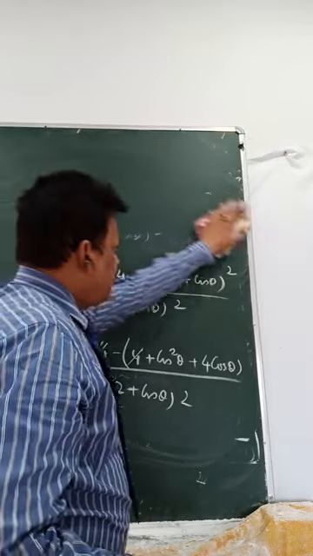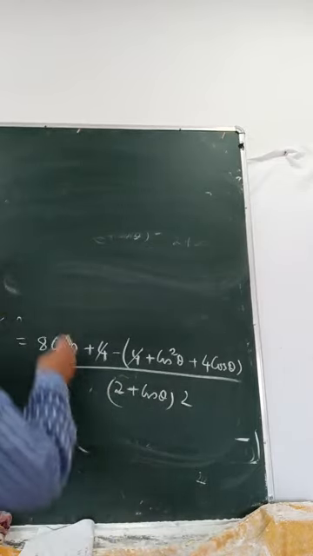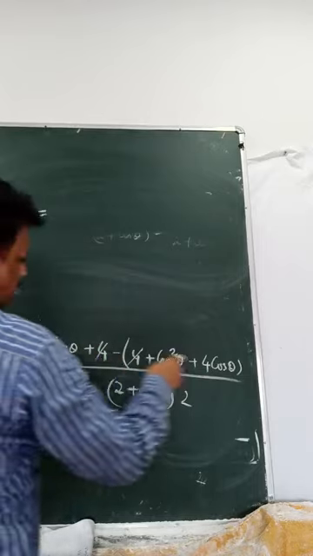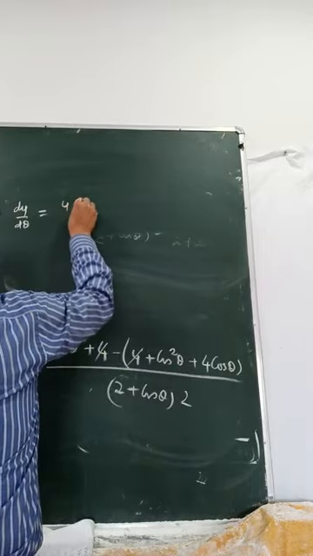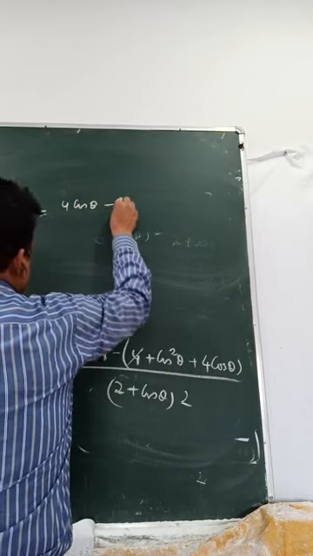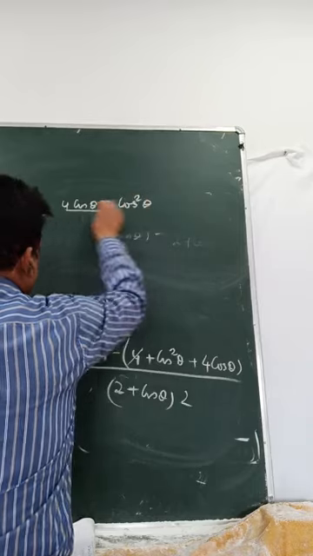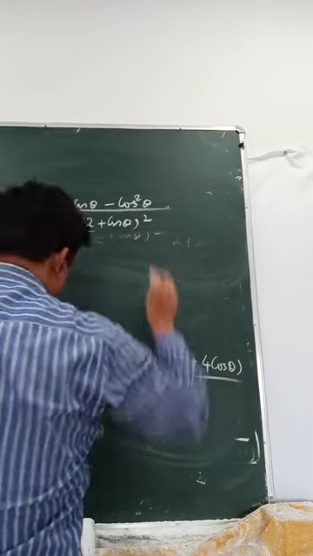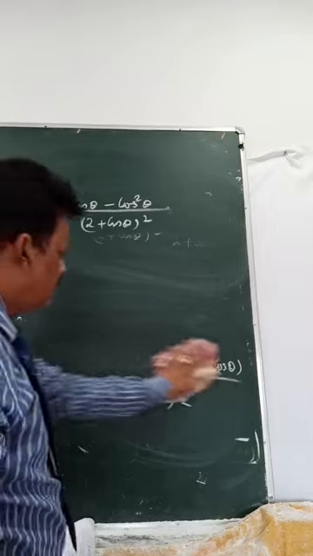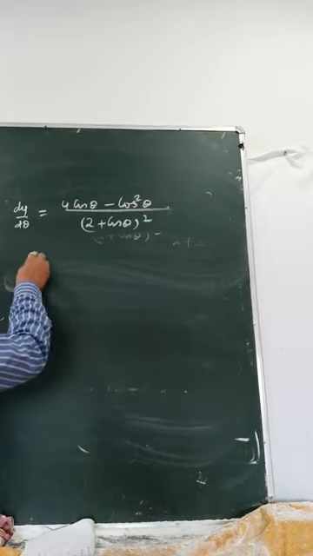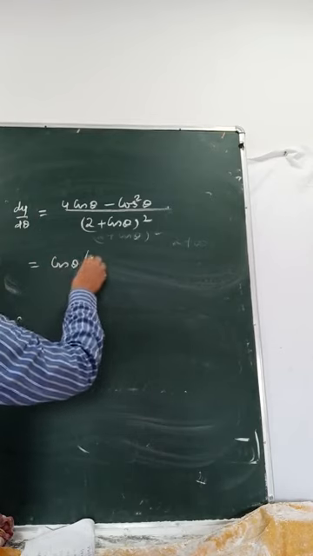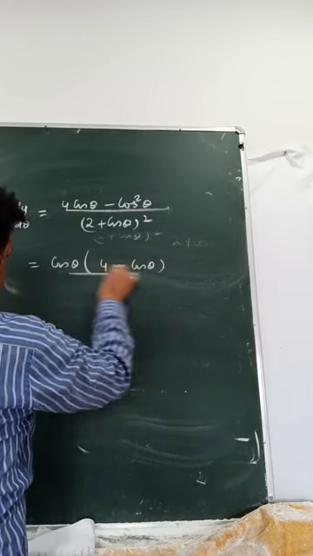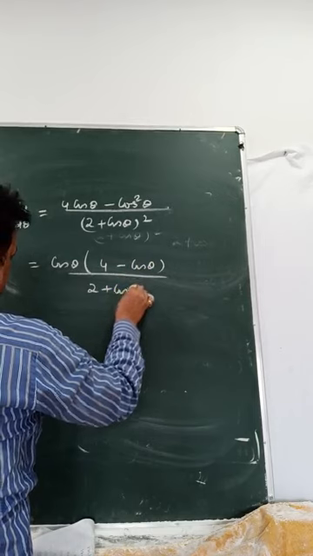So we are finding dy by d theta equals 8 cos theta minus 4 cos theta is 4 cos theta minus cos square theta over 2 plus cos theta whole square. Okay, simplification part. This is cos theta common, 4 minus cos theta by 2 plus cos theta whole square.